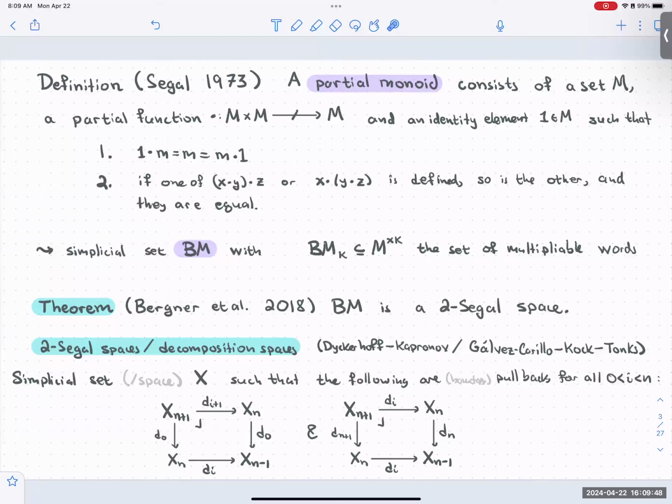And I don't want to spend too much time on this, but these are simplicial sets, so that these squares that look like this happen to be pullback squares. So it's kind of pullbacks of outer faces along inner faces is what you have in a two-Segal set.